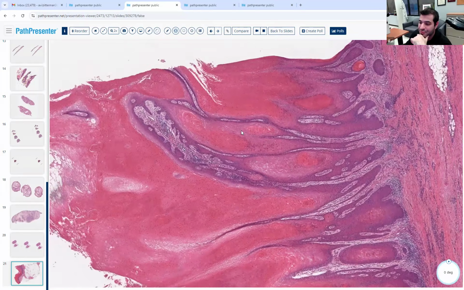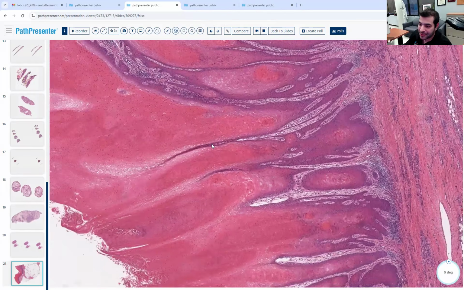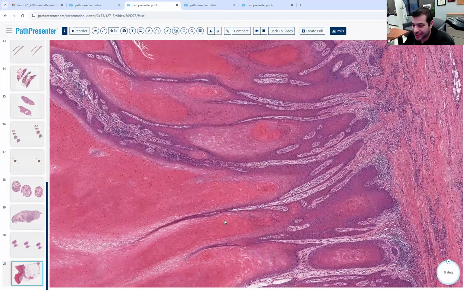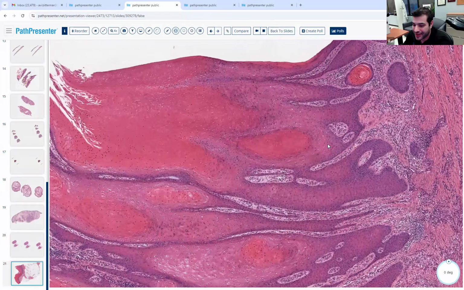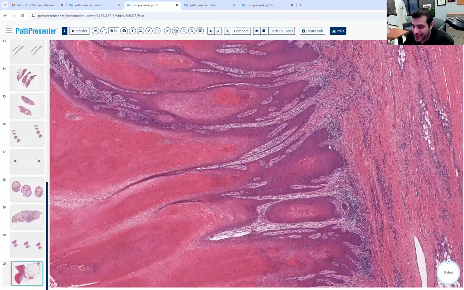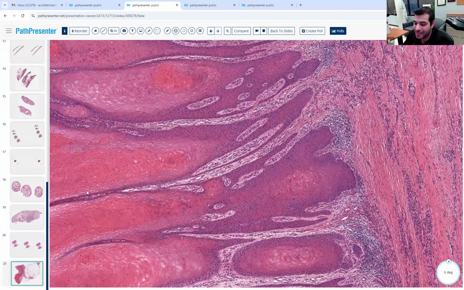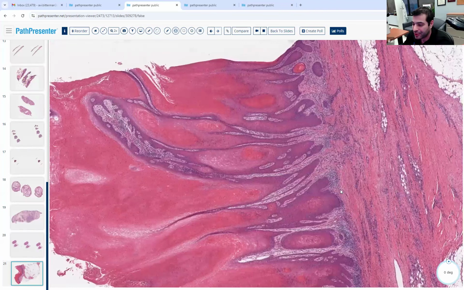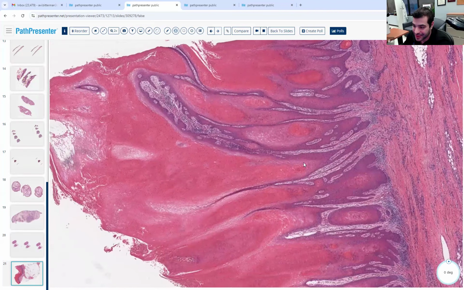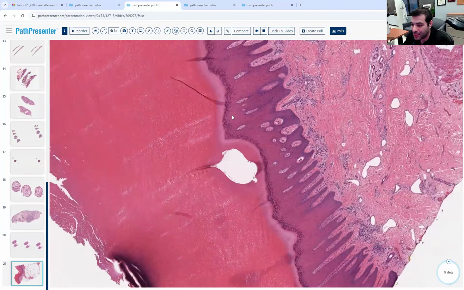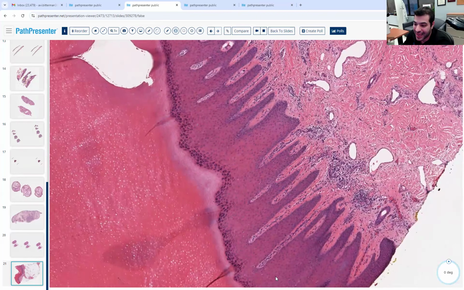This is way too much for just a normal wart. You'll see a lot of warts if you go to the scope in dermpath, and they don't look like this. They don't have this massive papilla that is just bulging into the dermis. In fact, a lot of warts look more like this normal skin, like a flat wart on the foot.